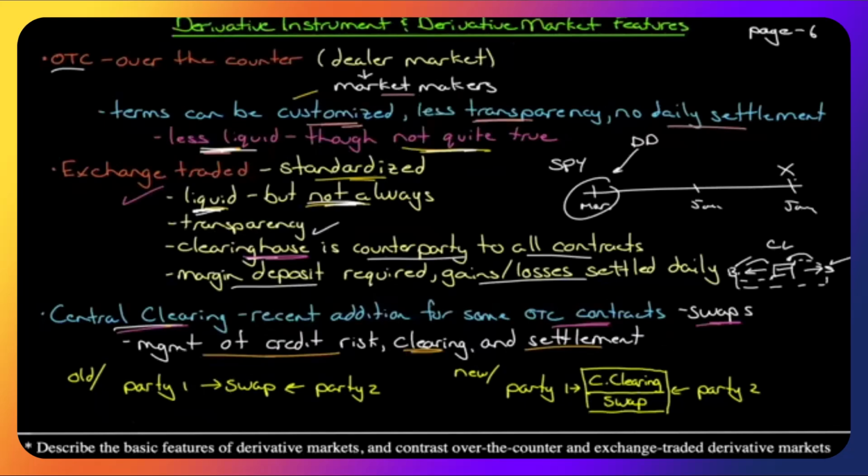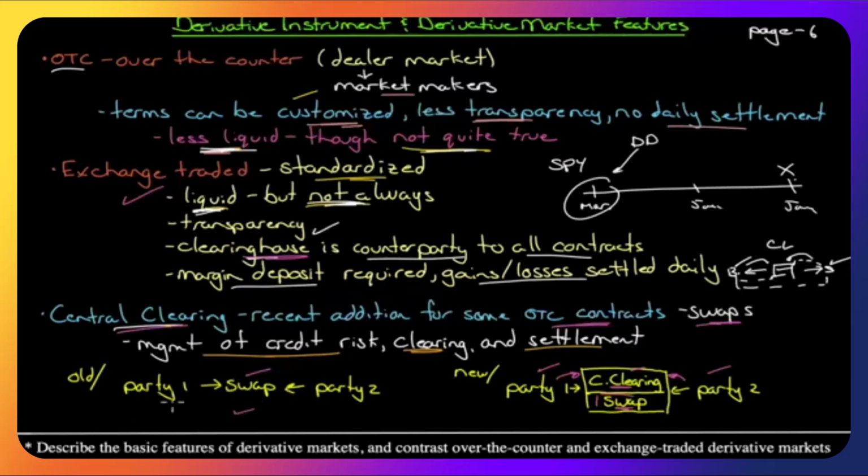So the old model was party one and party two were party to a swap, with one of them being a financial institution. Now party one and party two are counterparty to a swap with the central clearing authority. So here's our swap. It's at the central clearing. Party one is in a contract with the clearing firm, and party two is in a contract with the clearing firm, as opposed to being with each other.